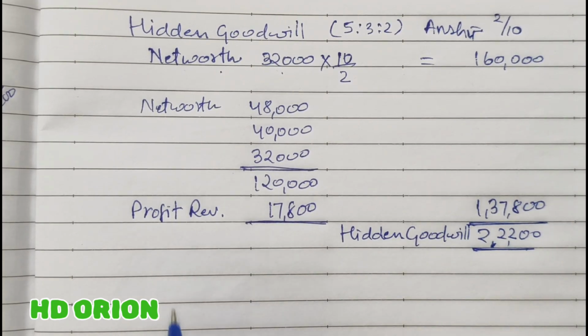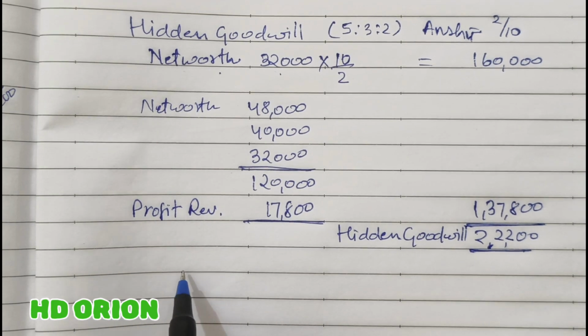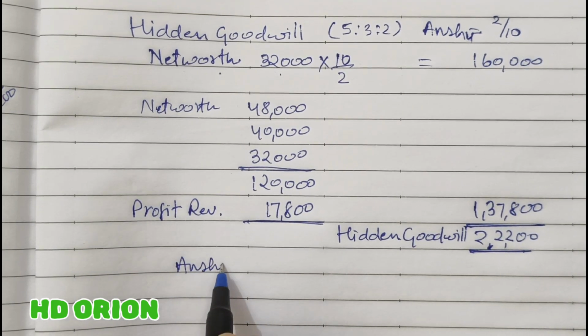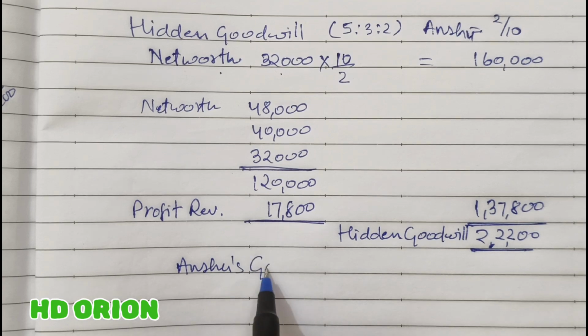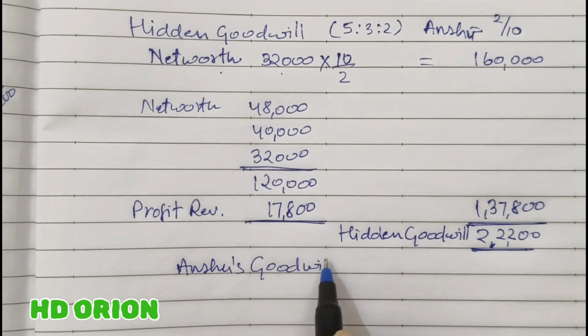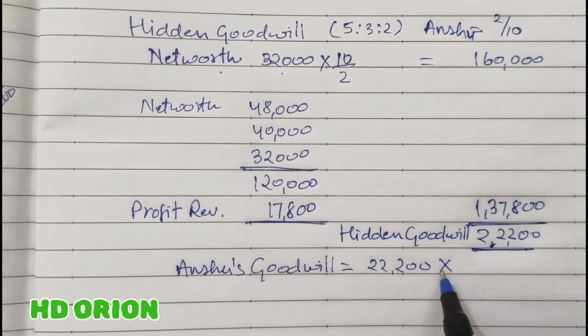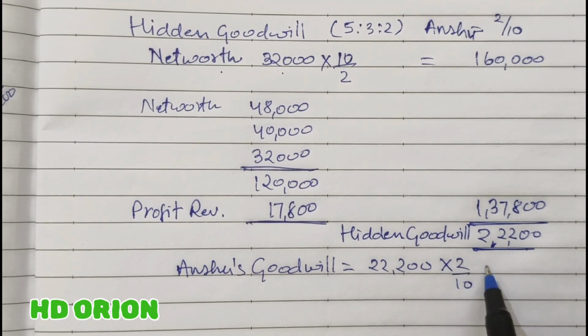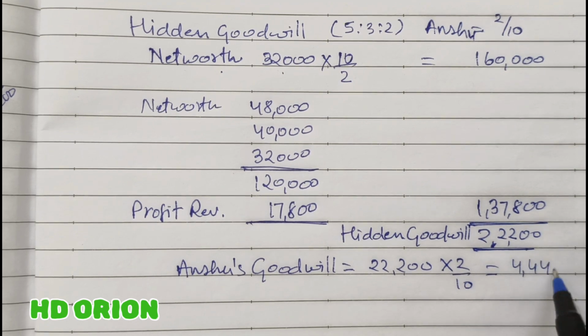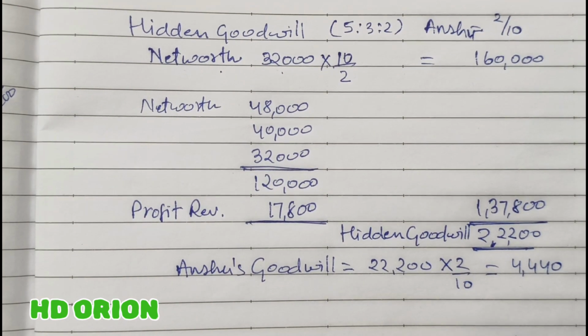Now, how much is Anshu supposed to bring? Anshu's goodwill is equal to 22,200 into his portion, that is 2 by 10, and the amount is rupees 4,440, which will be given to the sacrificing partners.